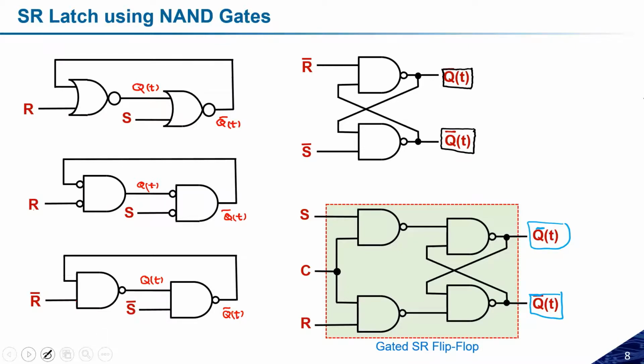Now suppose I want to preset or clear the flip-flop. Preset means that if I want the initial logic stored at QT to be high, then I need to preset it.